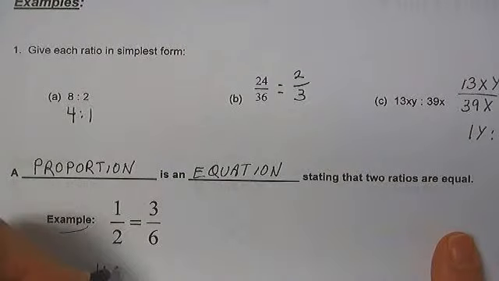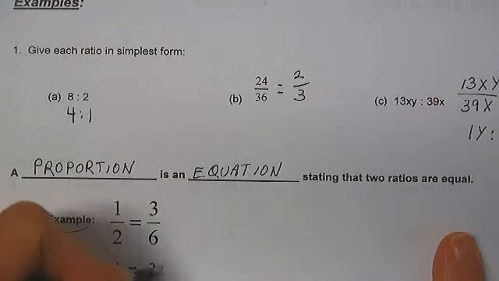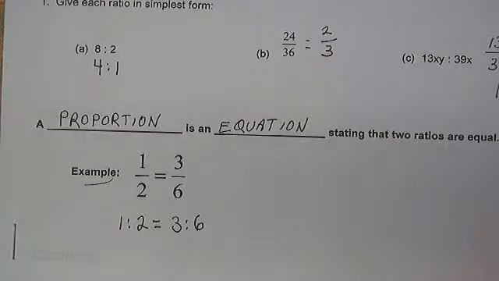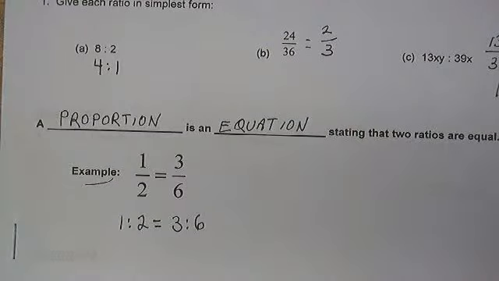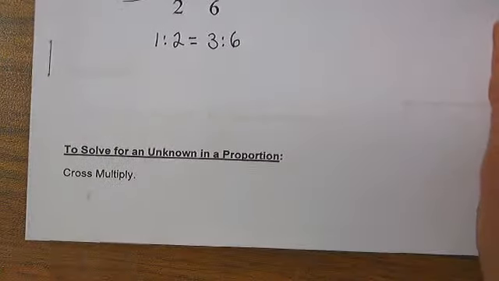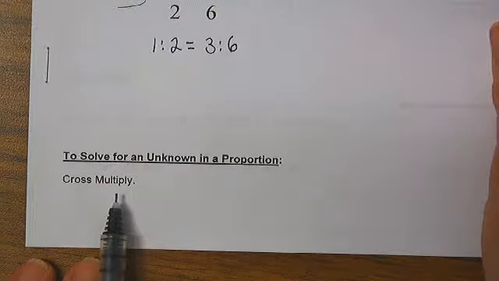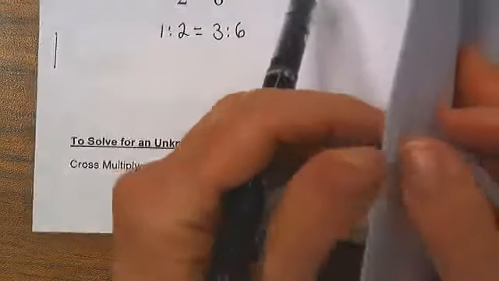Could also be written 1 to 2, 3 to 6. To solve for an unknown in a proportion, one way to do that is to cross multiply.